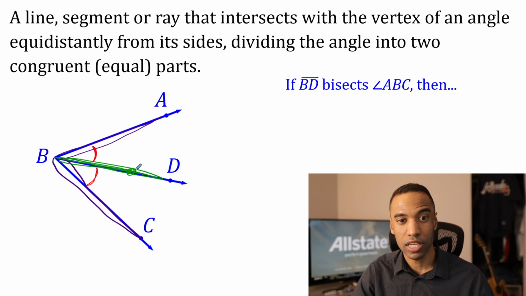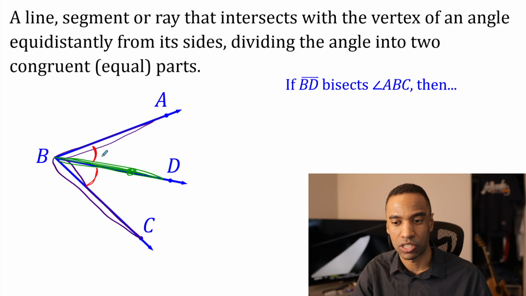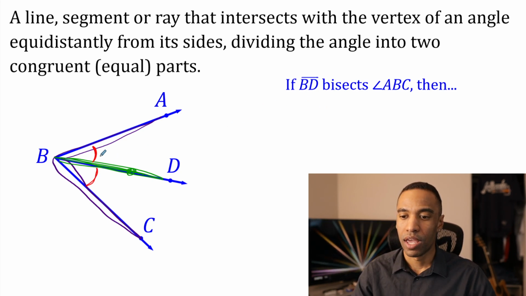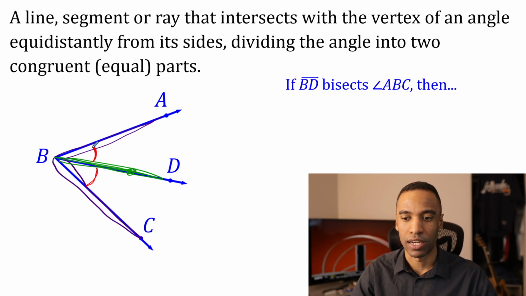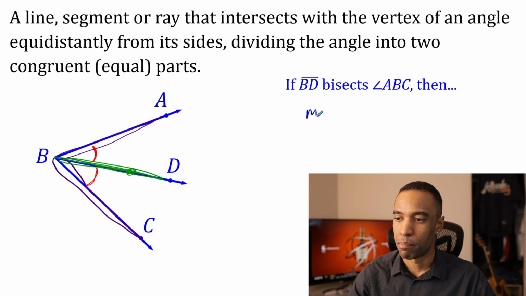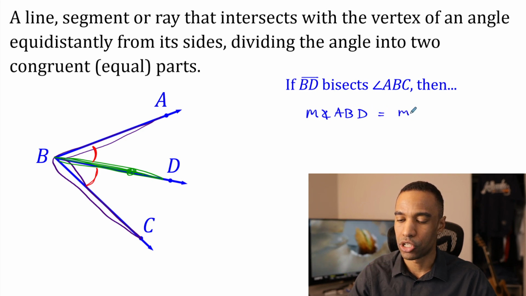That's what it's saying. Just like a midpoint, like I said, dividing a segment into two congruent parts, but now the bisector divides the angle into two congruent parts. So if ray BD is the bisector of angle ABC, then guess what? This is equal to this. So I'll go ahead and say, what is that? The measure of angle ABD equals the measure of angle DBC.